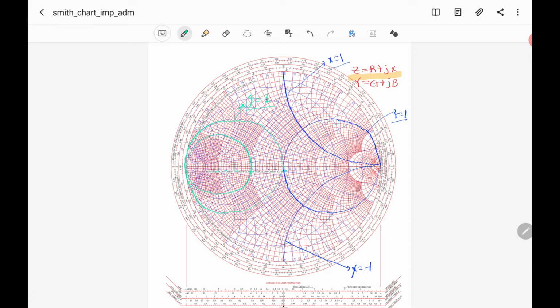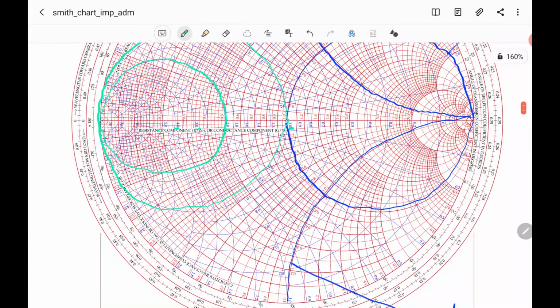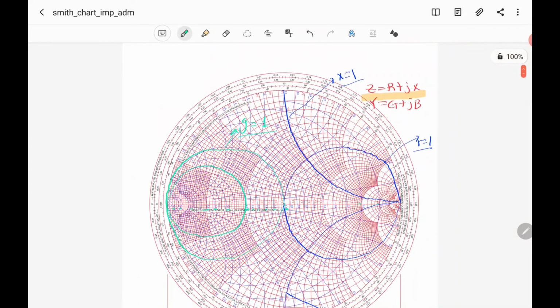As the resistance becomes larger, the resistance value here is red, right? So you see resistance increases as this circle becomes smaller. So likewise, as this green circle, the G circle, is smaller, then this value becomes higher, right? So it makes sense. So the blue color means the admittance chart, right?